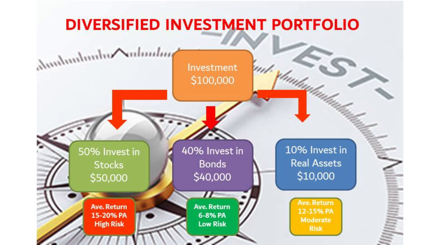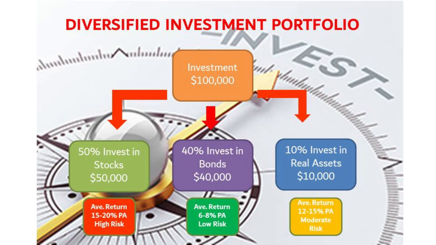This way, you are not putting all your eggs in one basket. Stocks give you growth, bonds give you stability, and real assets help protect against inflation. Together, they create a much smoother ride for your investment journey.